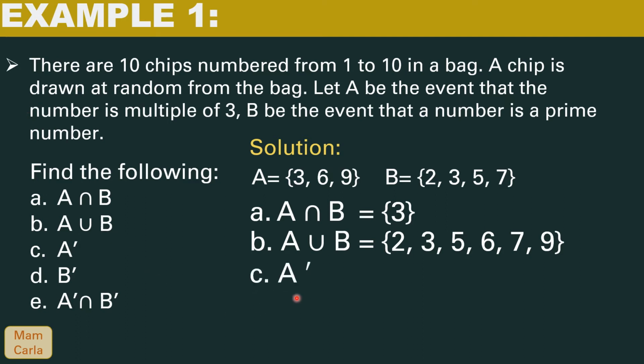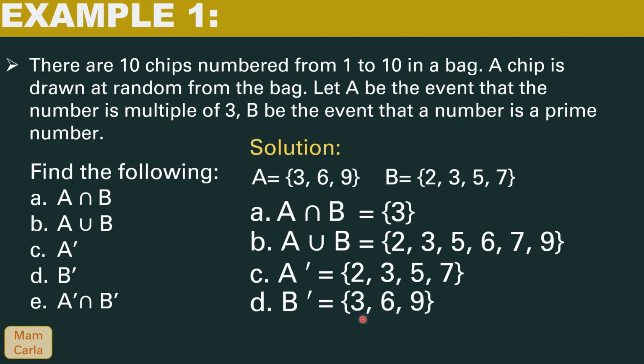For letter C, we are asked to find A complement. So we need to look for the elements that are not in A. Therefore, we have 1, 2, 4, 5, 7, 8, 10. For letter D, we have B complement. We have to look for the elements that are not found in event B. So we have 1, 4, 6, 8, 9, 10.